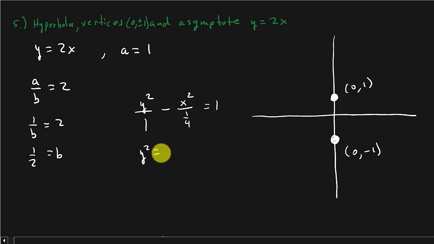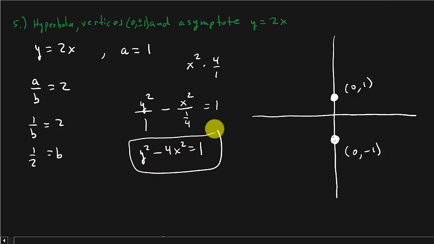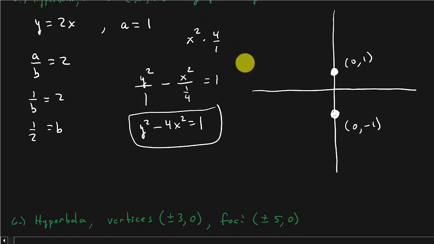And so this is going to be y squared equals, now remember this is x squared divided by this, or x squared times the reciprocal. So that's going to be minus 4x squared equals 1. So there's your equation.